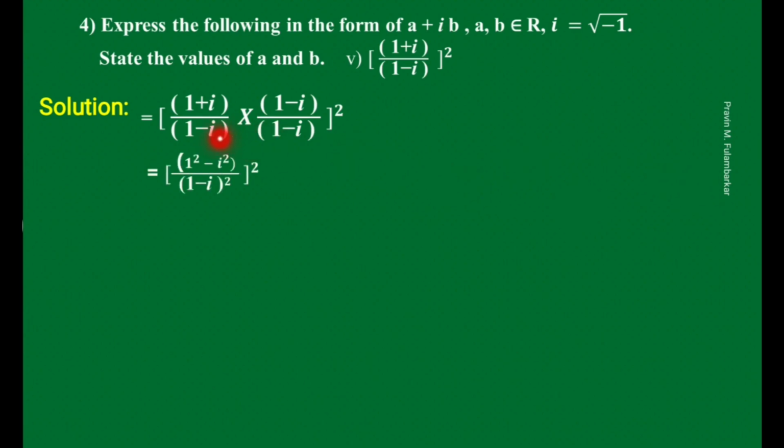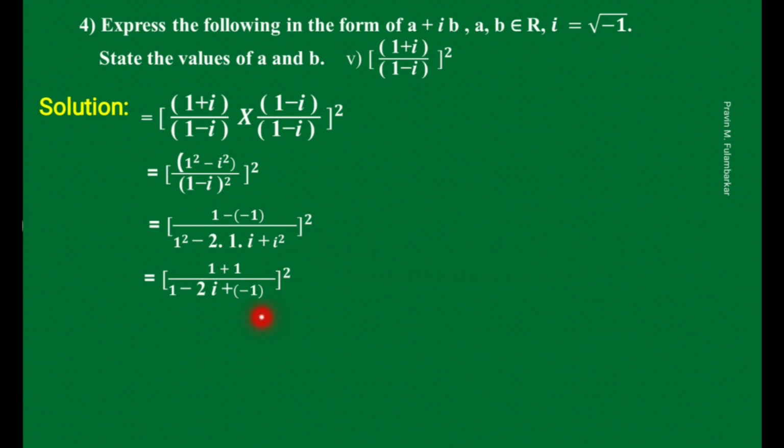So in the numerator 1 square minus i square, replace this i square by minus 1, so we get minus minus plus 1. So in the numerator we get 2, and in the denominator replace this i square by minus 1, so minus 1 plus 1 get cancelled. So in the denominator you get minus 2i.